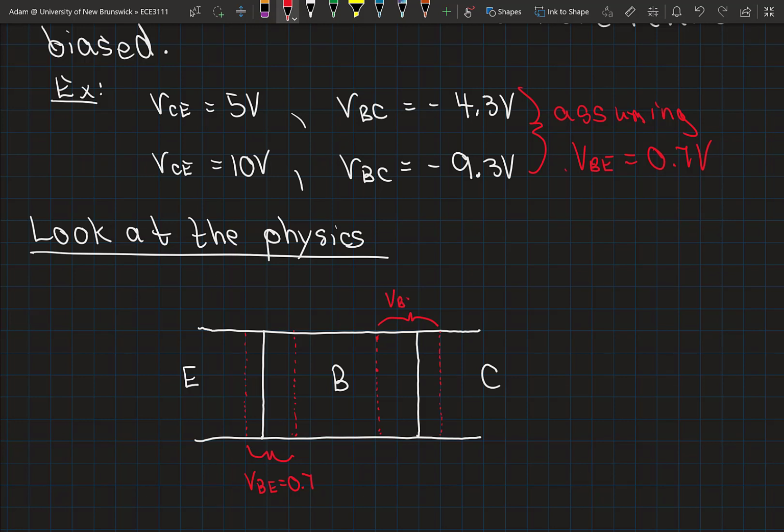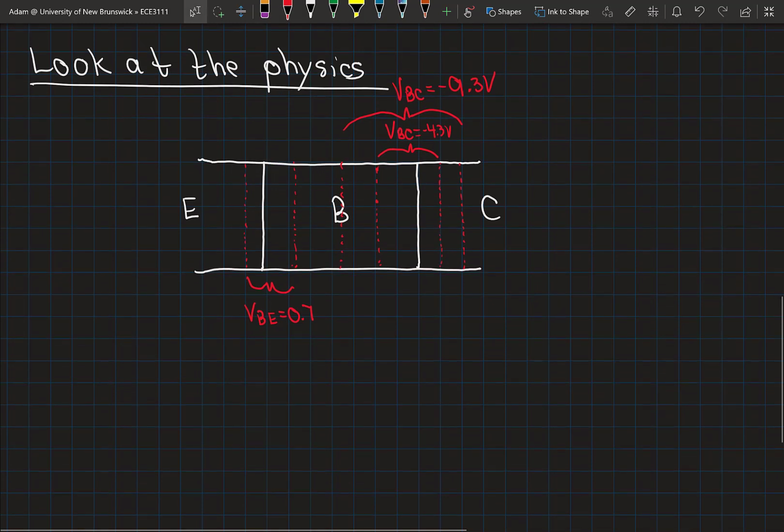So when my base to collector reverse bias is minus 4.3 volts, I may have this width, and when I get to 9.3 volts, well, I'm going to be wider. This width, for example, represents the width of the base to collector depletion region when I have a reverse bias of 9.3 volts.